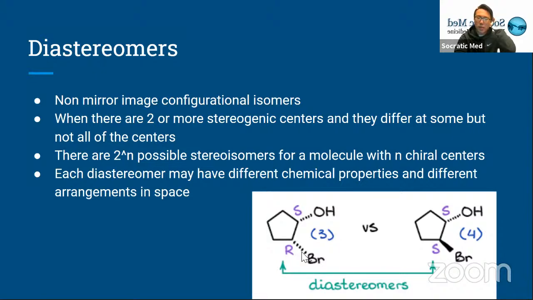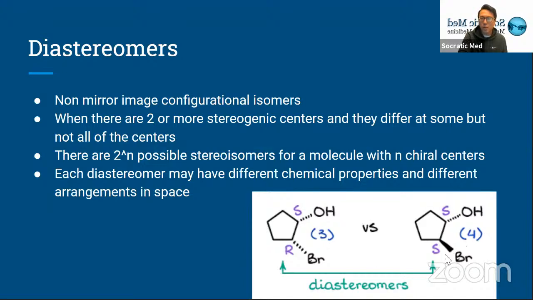As you can see here on the bottom left side, there are 2 chiral centers. One's an S configuration, one's an R configuration. On the right side is its diastereomer because it differs at the bottom chiral center.